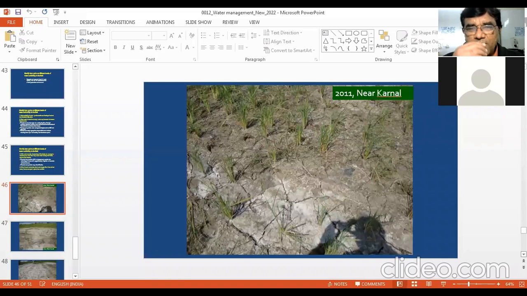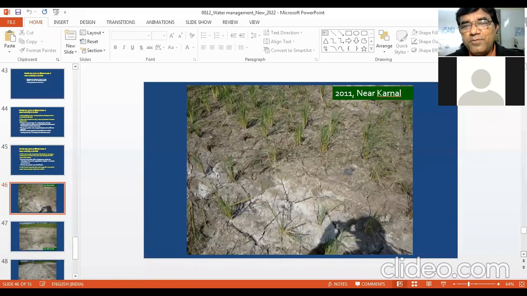You can see this picture is taken from Karnal. In 2011, farmers transplanted rice in the soils, and then suddenly there was a shortage of rainfall, because whenever rice is grown, it is not just 100% irrigation. Farmers trust that some rain will occur, and it is a combined supply of water through rainfall and irrigation.